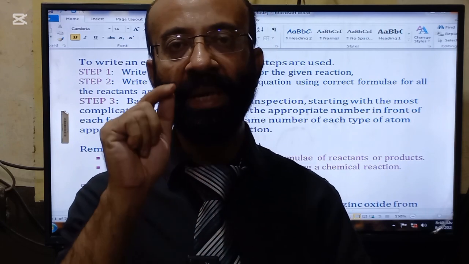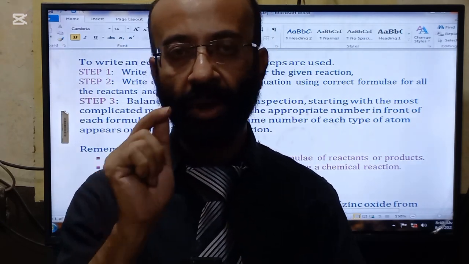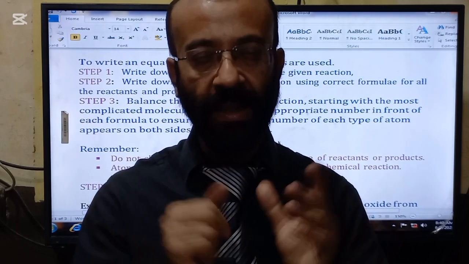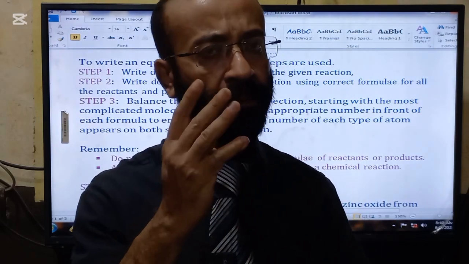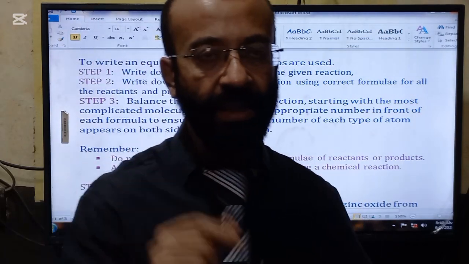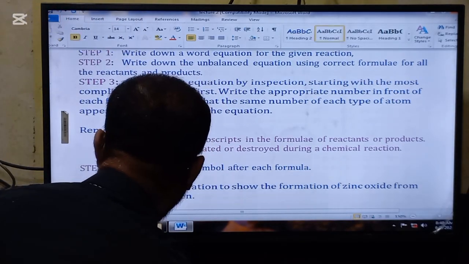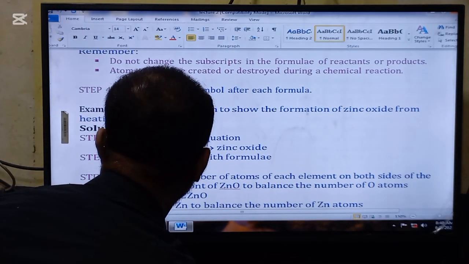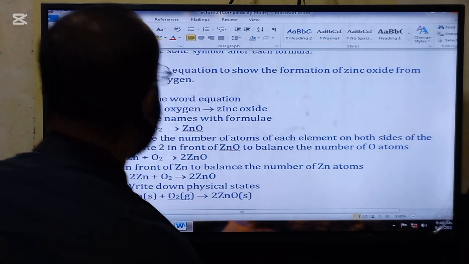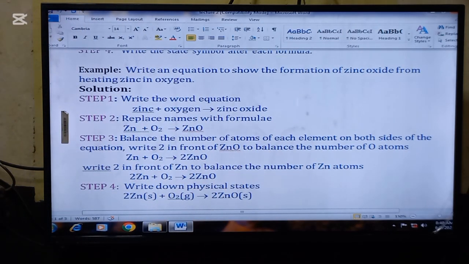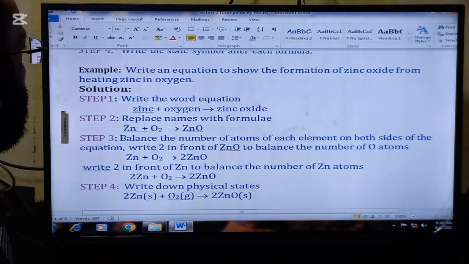The third step is to balance the number of atoms of each element on both sides. And the fourth and last step is to write the state symbols. So this is a four-step process and we are doing it now through an example. This example will make your concepts more clear.